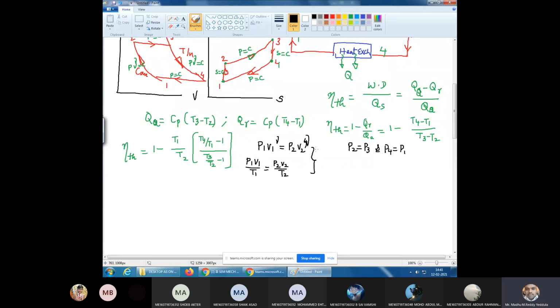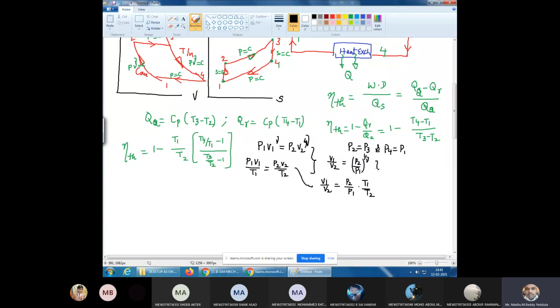Now, by using these two equations, write the relation between temperature and pressure, which means I need to eliminate the volume. Right. From the first equation, V1 by V2 can be written as P2 by P1 whole power 1 by gamma. And from this equation, I can write V1 by V2 as P2 by P1 into T1 by T2.